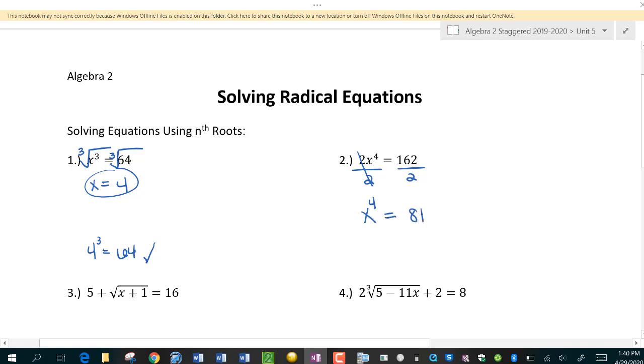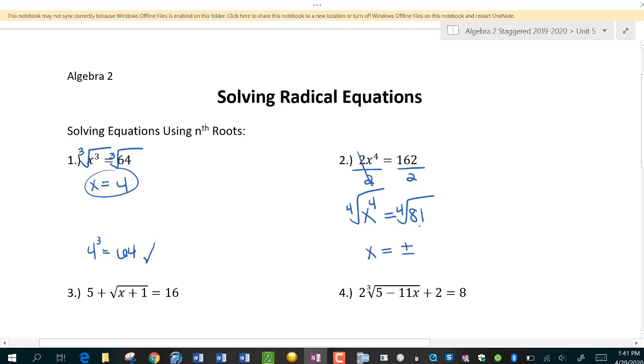And then like the last problem, since I have x to the power of 4, the opposite operation would be to take the fourth root of both sides. Now, similarly to quadratics, when you are taking an even root, for example, the square root, the fourth root, the sixth root, I need to make sure I include a plus or minus in my answer. So I'm actually going to have 2 solutions. So it ends up being x equals plus or minus the fourth root of 81.